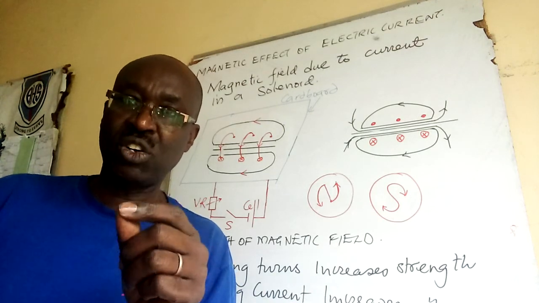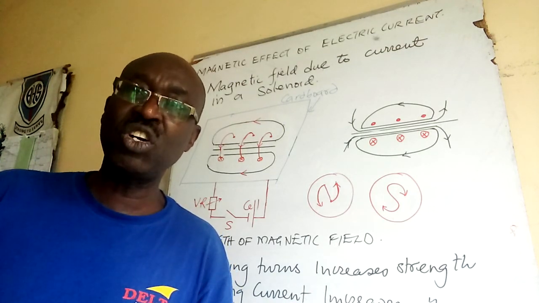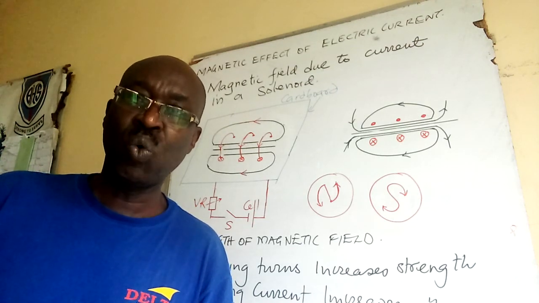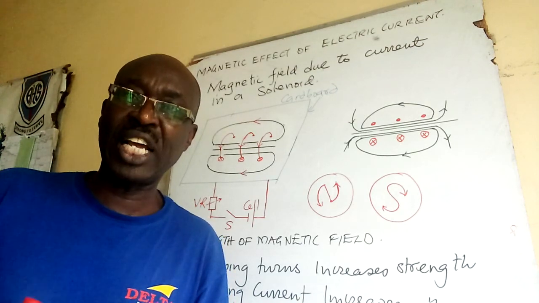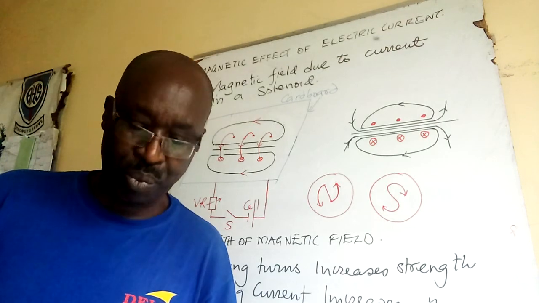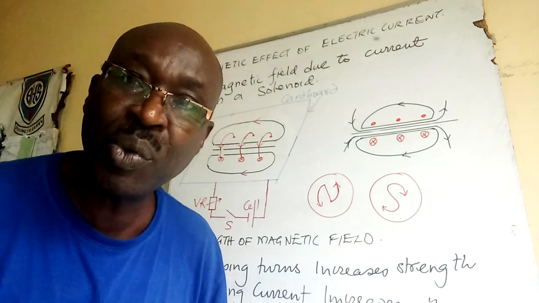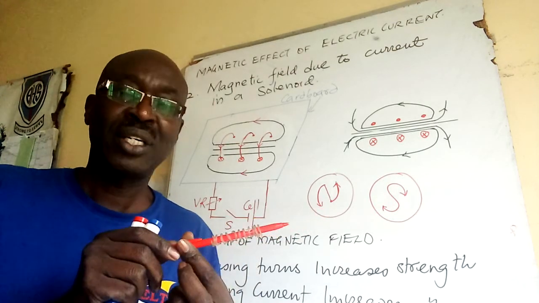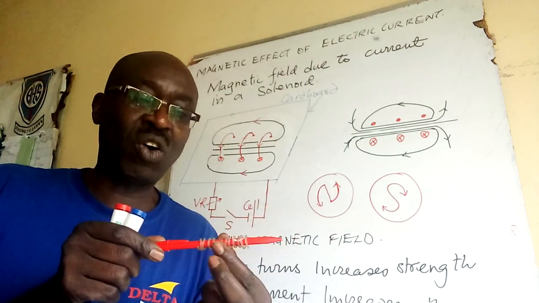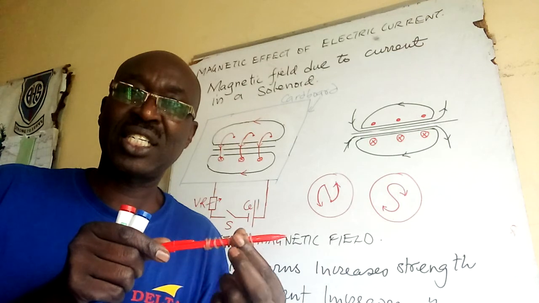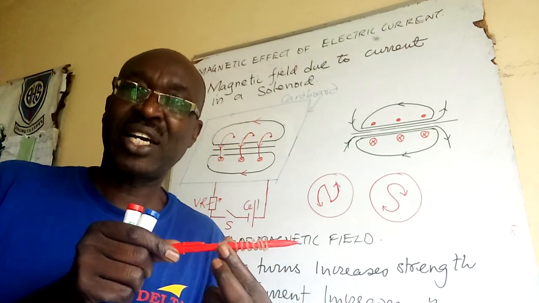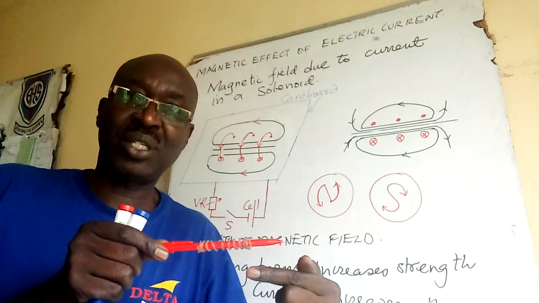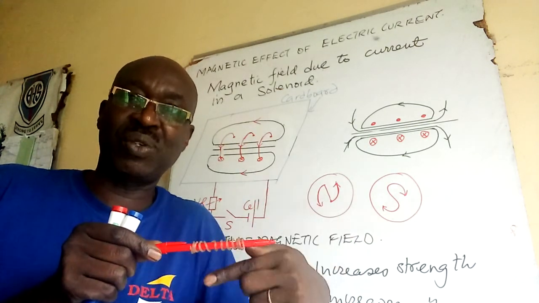What is a solenoid? A solenoid is just a long wire wound round in a cylindrical form. An example is here. You have these coils, these turns. It is going round, and round, and round.